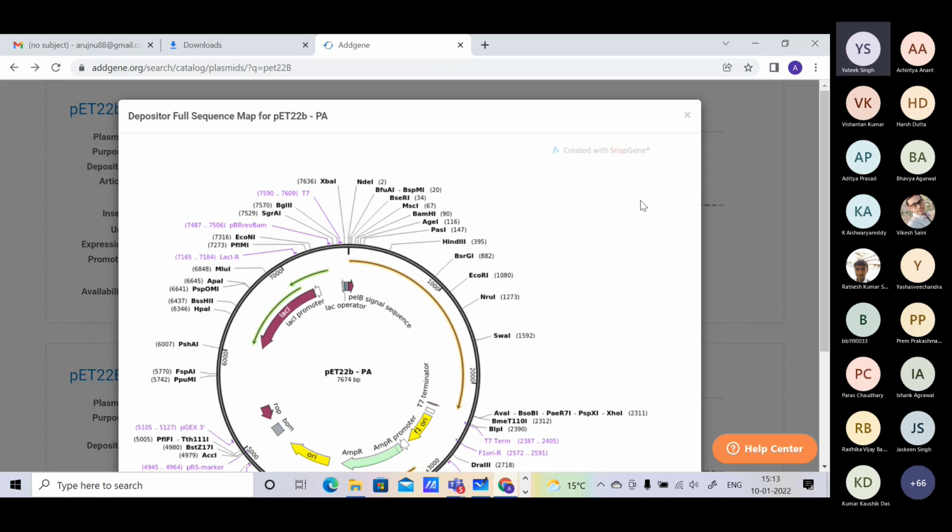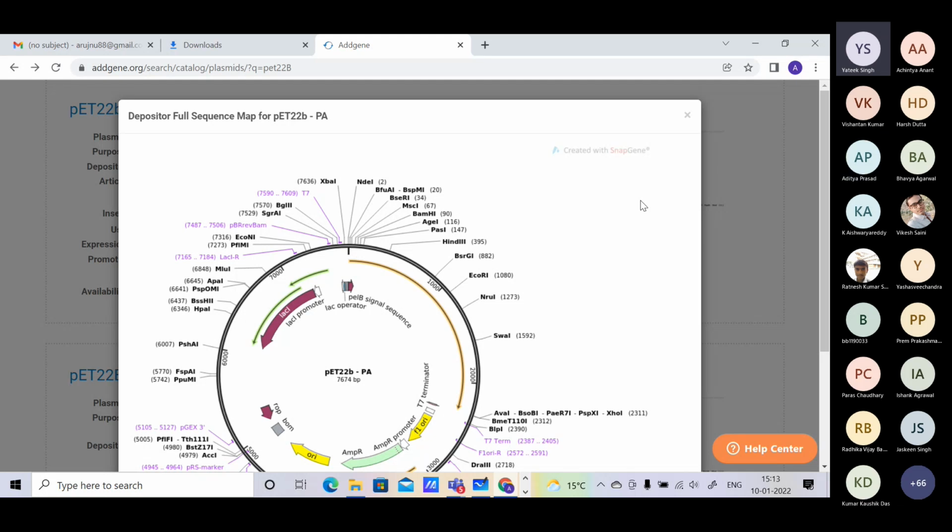One OD of culture means 10 to the power 8 cells per ml. Now you are adding a plasmid, say 1 nanogram of plasmid. If you are interested in studying molecular biology, you have to calculate how many plasmid molecules there are in 1 nanogram.